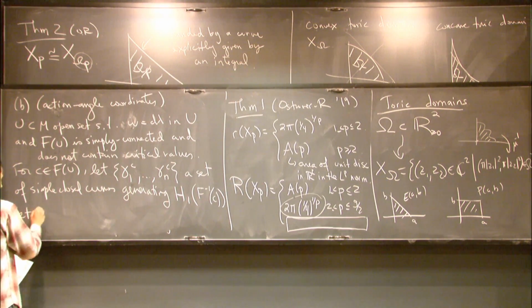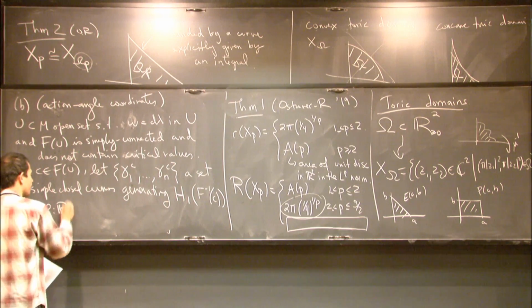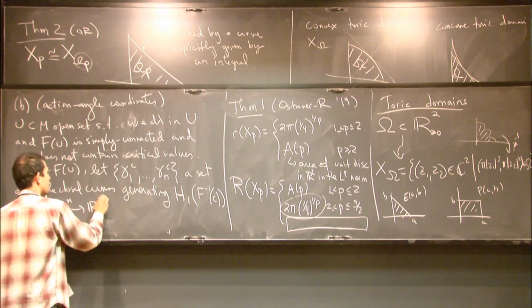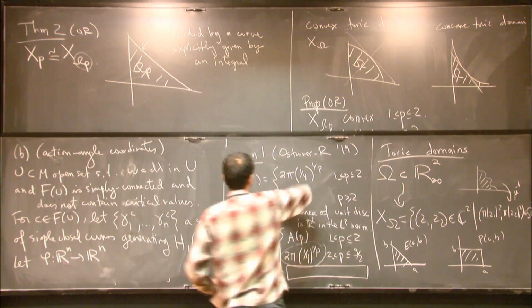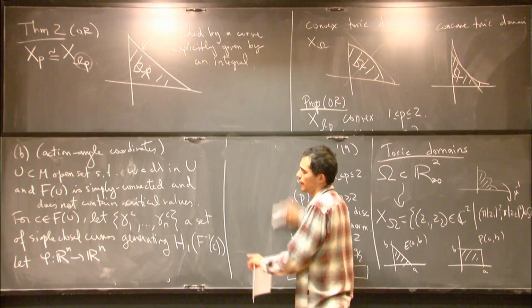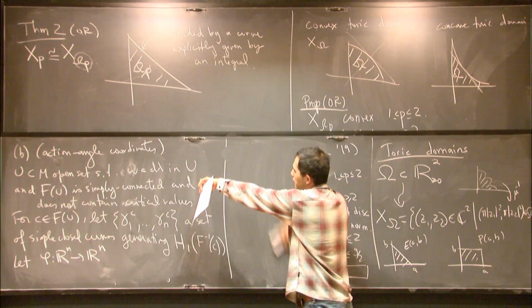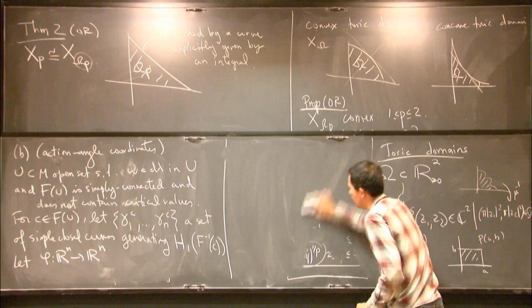And then I can define a function phi from Rn to Rn, where I basically just integrate my primitive, my Liouville form lambda on these curves.